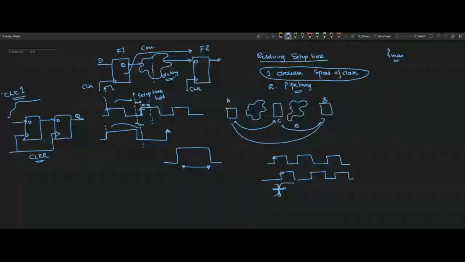Actually, it majorly deals with the frequency of the clock, right? So I have two frequency data. Let me give you an example.